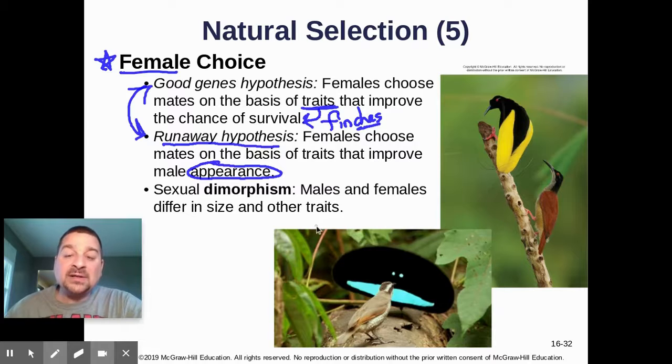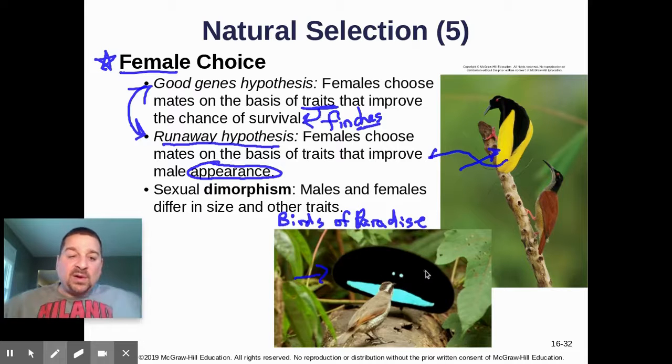One of the really cool examples, if you've watched any of the BBC Planet Earth type movies, is the birds of paradise, and their very extreme examples of different dances or feather coating patterns, these long tail feather things here, and these funky dances. It's got its wings pulled up behind it, and it's doing this dance.